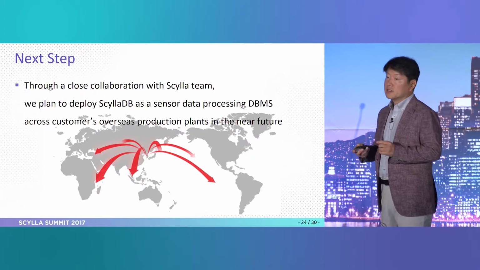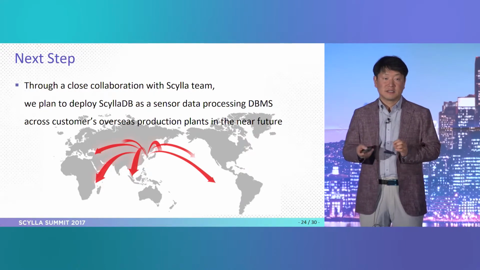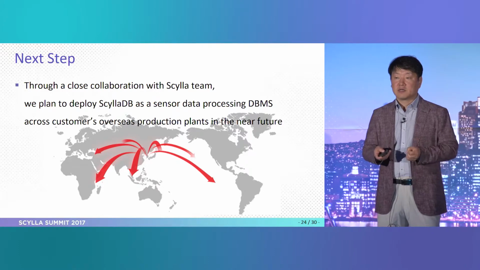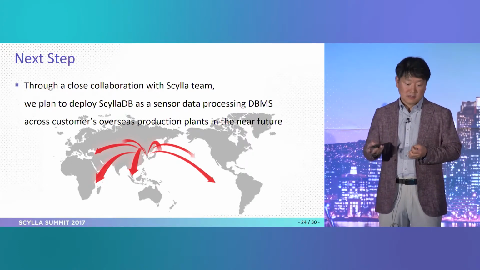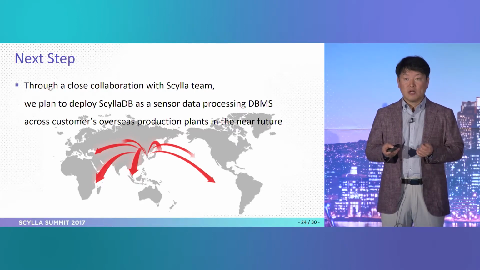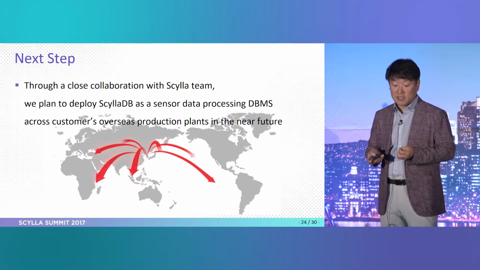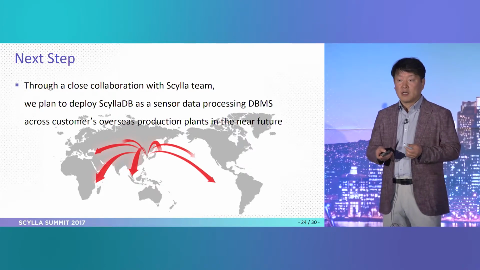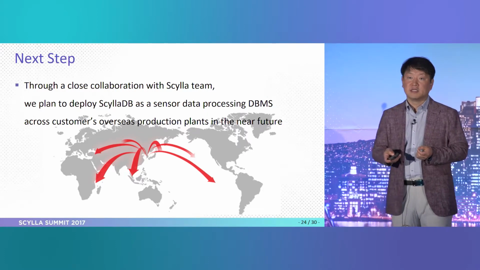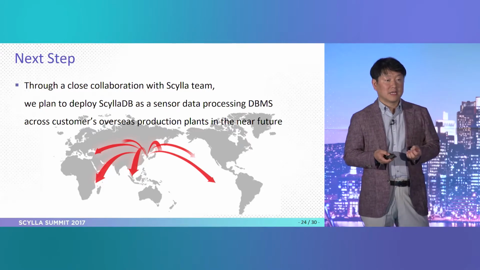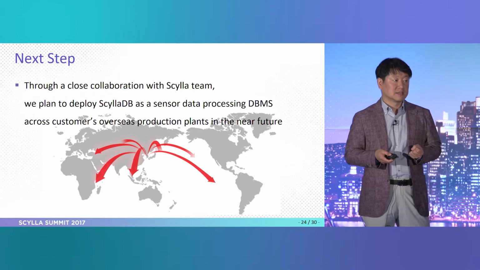Okay, I already mentioned this 3-node ScyllaDB adoption is phase 1's result. Customers are very satisfied with phase 1's result. So we will have a close collaboration with the ScyllaDB team, and we will deploy it to an overseas plant, which has more than 90% of production manufacturing capabilities.